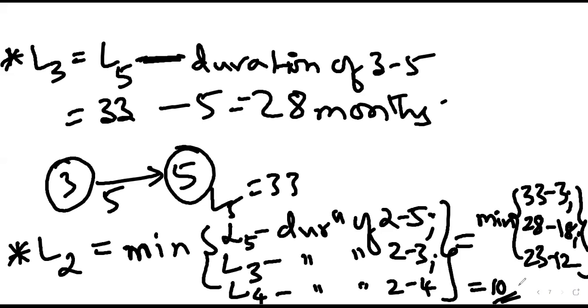Okay, so going ahead, L1 will be equal to 0. So this is it. Is it right? Once this is done, we need to have E and L values in a single place.